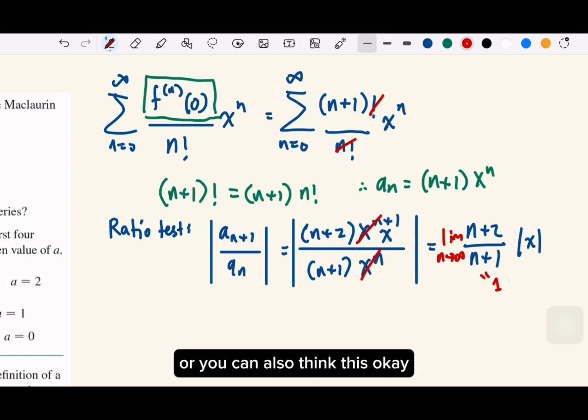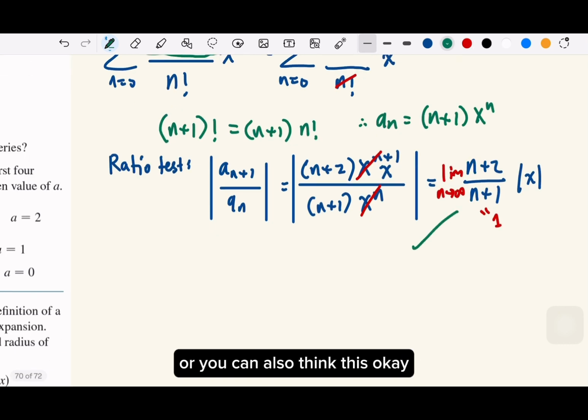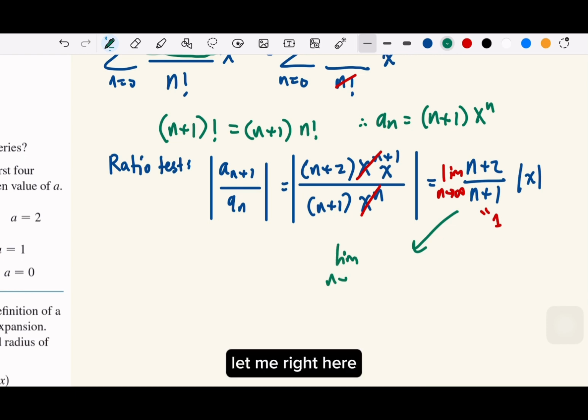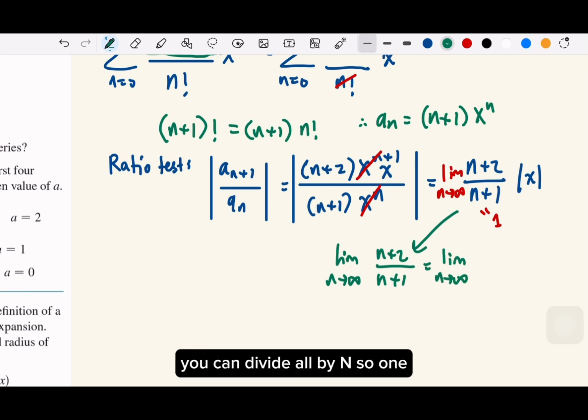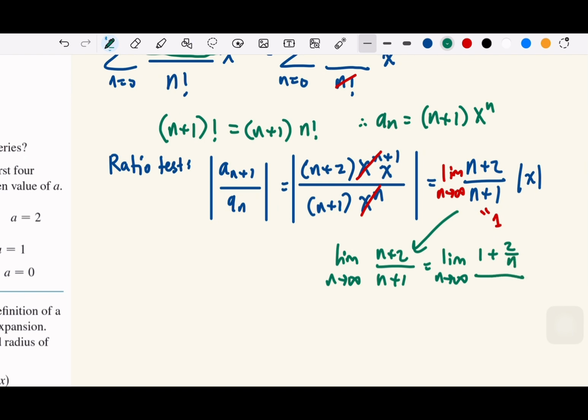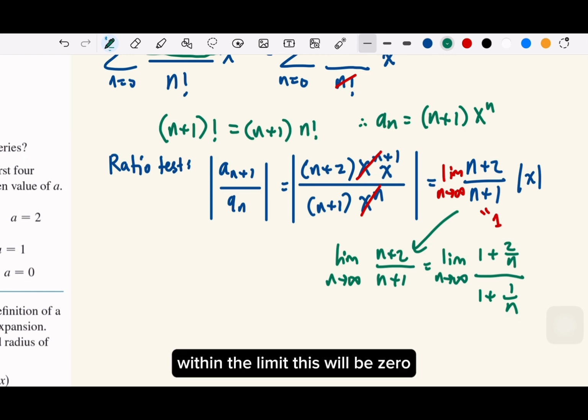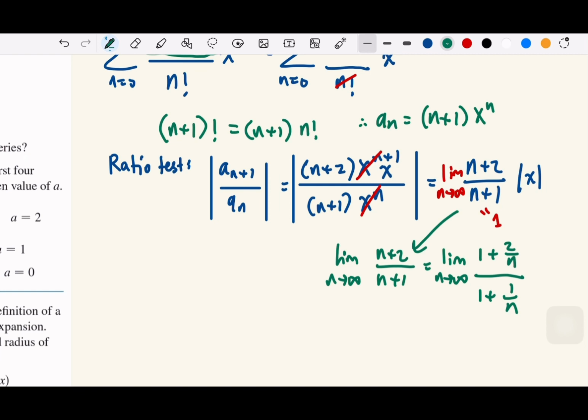Or you can also think of it this way: we can divide all by n, so 1. Within the limit, this will be 0, this will be 0, so this will be 1.